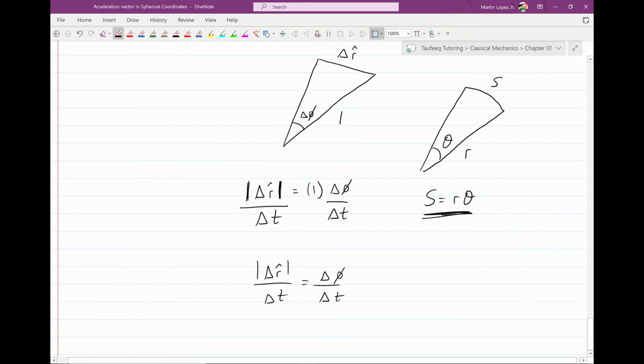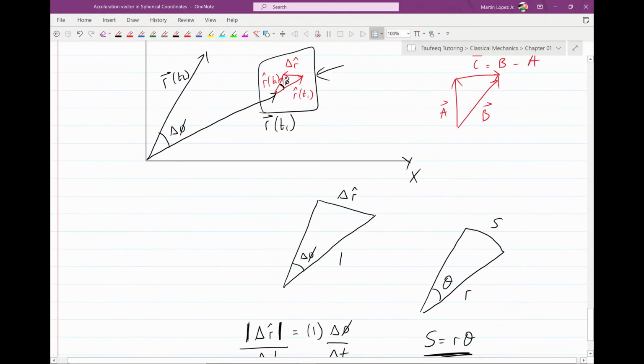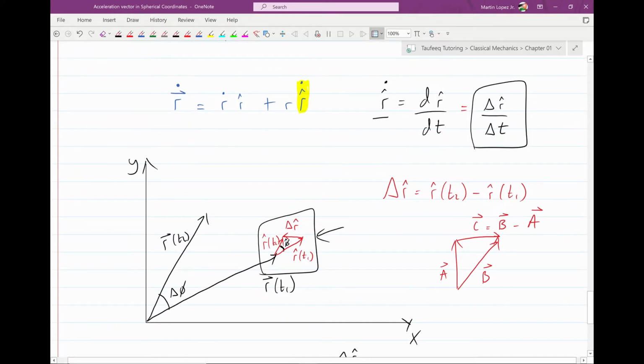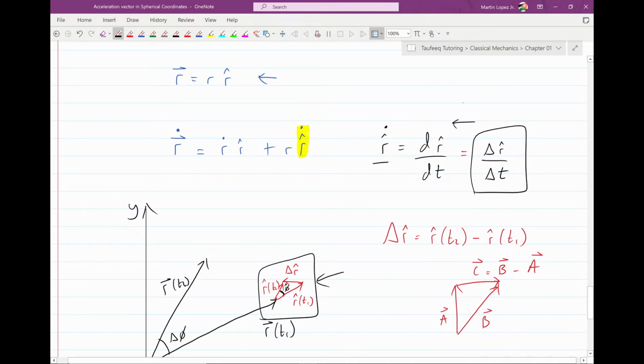Well, we don't want a scalar equation, we want a vector equation, because our r dot is a vector. We need to replace this magnitude with a vector. So now we need to figure out what direction delta r hat is pointing in. And we're going to use the fact that eventually we're going to take the limit as delta t goes to 0.